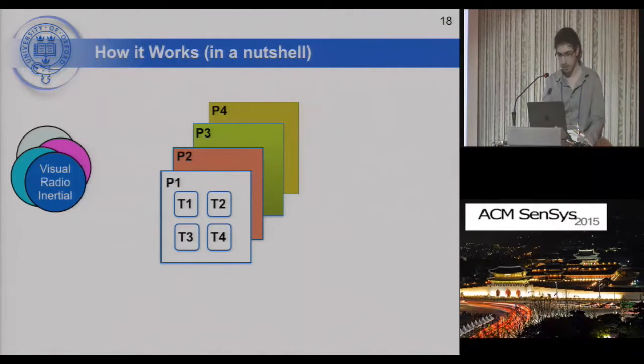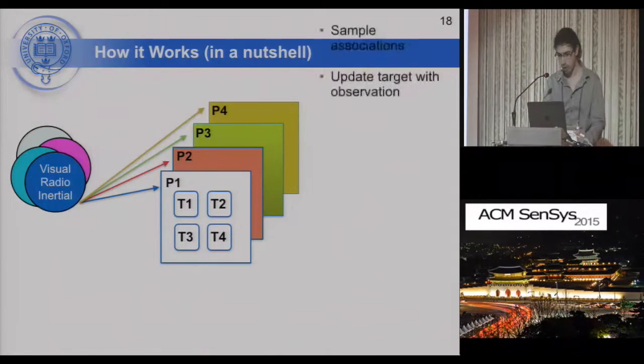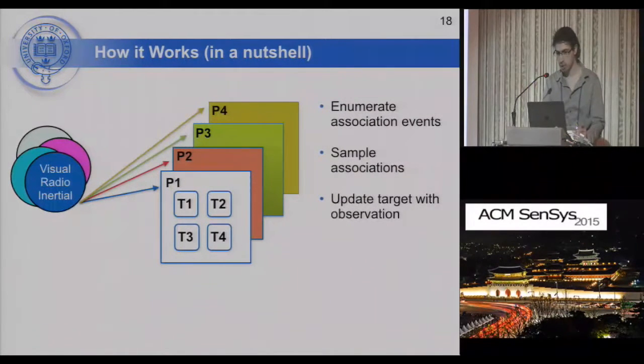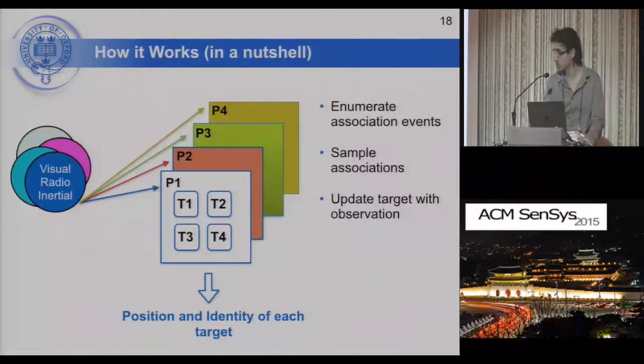Now these measurements go as input to the particle filter, and for each one, we enumerate association events. We basically build an importance distribution. We sample from this distribution, and then we update the target with observation. Finally, once we finish with all the measurements, the particle filter can provide us with position and identity estimates.